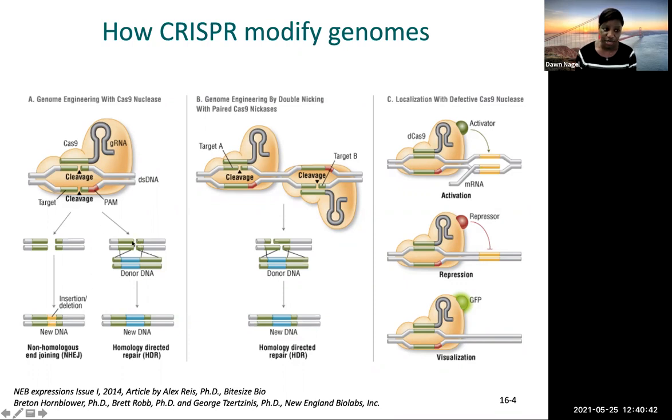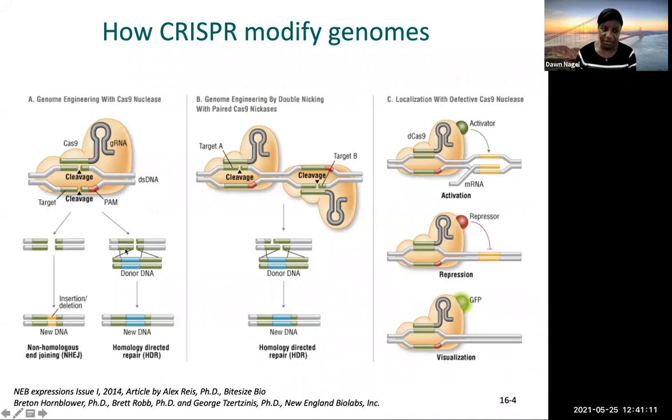You can also use this system in the case of homology-directed repair, where you know what that region is. You provide in that reaction a donor DNA with something that you want to insert into the genome, along with this Cas9 guide RNA complex.